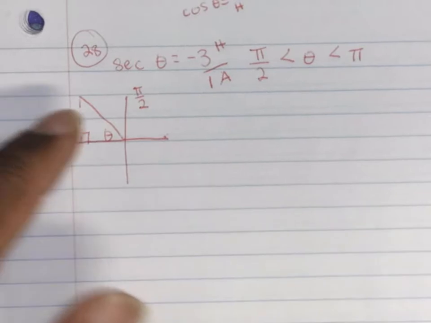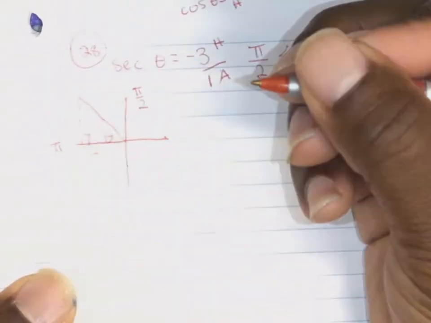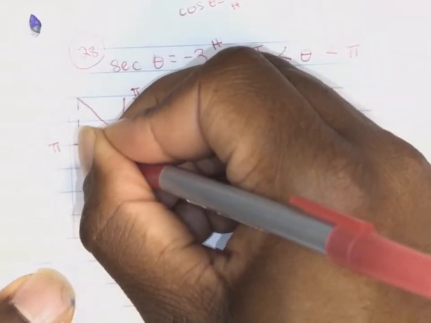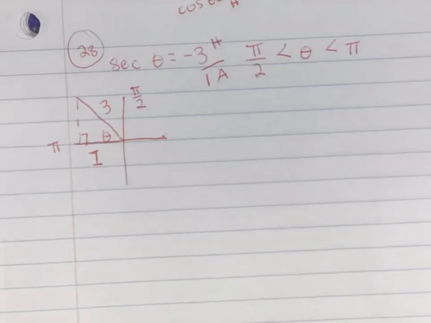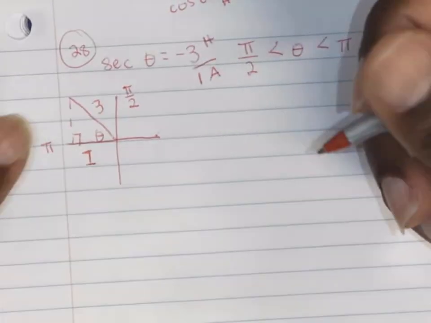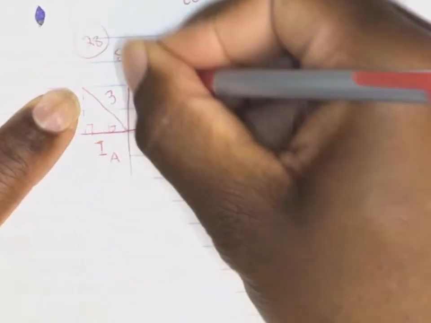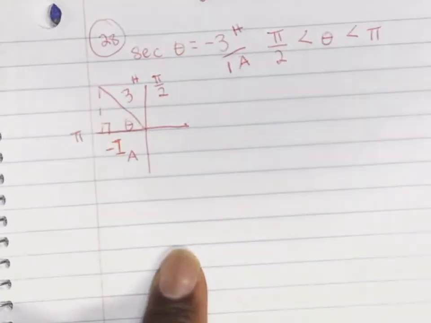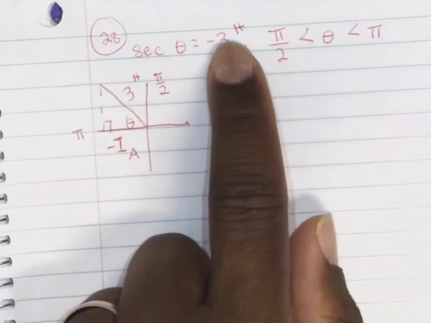So the adjacent side would be 1, and the hypotenuse would be 3. For opposite, I gotta find it. Let me write this, adjacent, hypotenuse. And since I'm starting at the origin and going left 1, the 1 will be negative, which made this negative 3. So it would have been 3 divided by negative 1 to get secant.